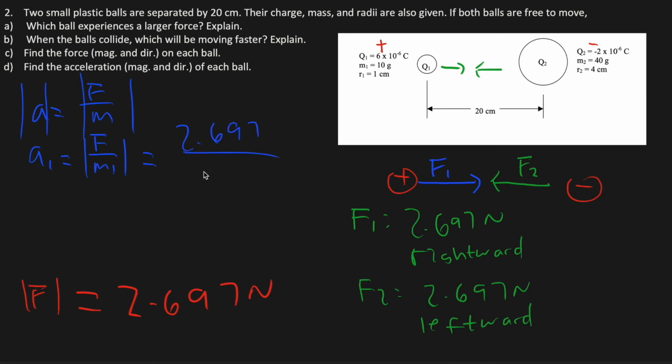You need to convert that to kilograms: 10 divided by 1,000 is equal to 0.01. And this gives us a result of 269.7 meters per second squared. So this is the acceleration of charge 1, and the direction is rightward, since the force points to the right.